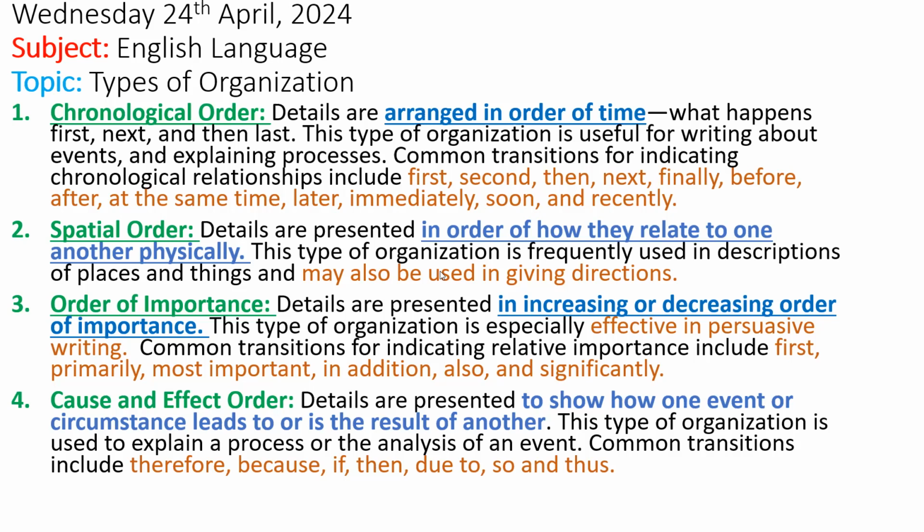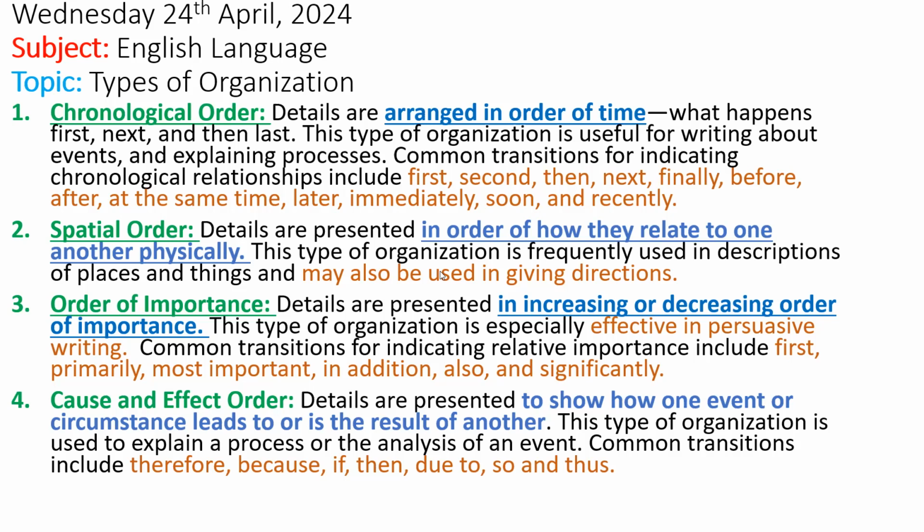Then your spatial order, talking about how this thing relates to another thing. Then you have order of importance. Which one are we going to talk about first? The one that is most important, or the one that's least important? And you have cause and effect, which talks about what caused this, what led to this.